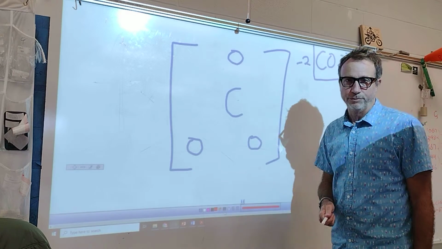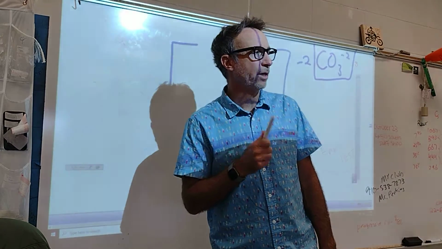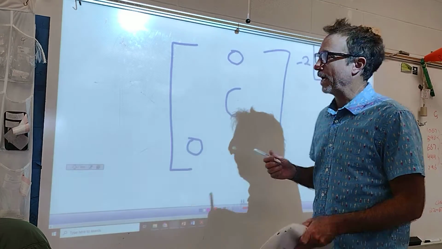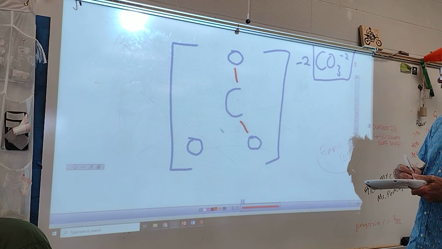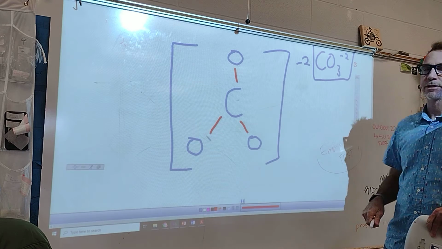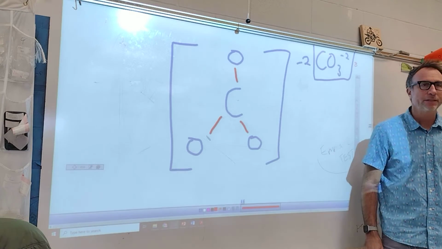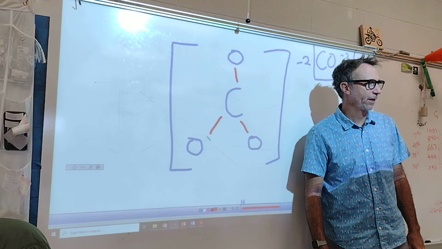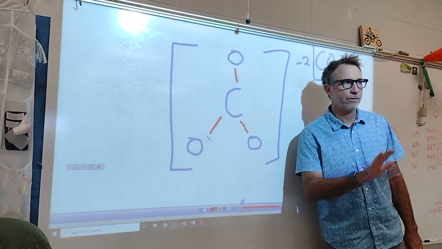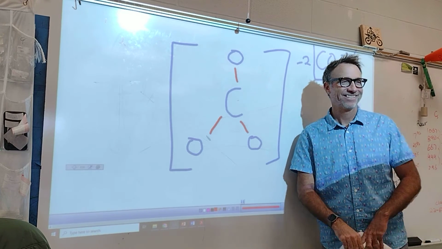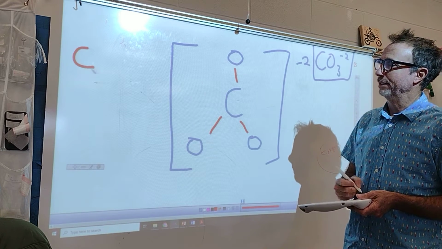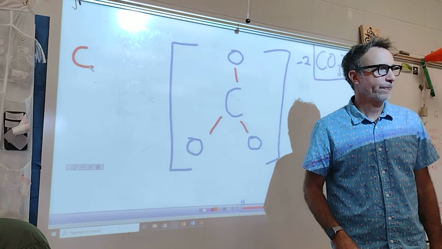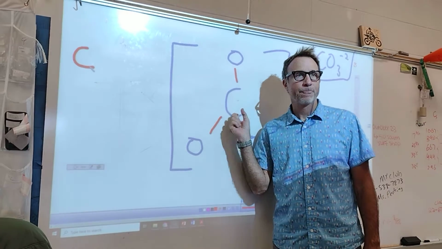Step number 2. Give everybody one line. And this is going to set us up for a really simple math exercise. Really simple. All right, look. Here's what we do. For carbon, right? We look at carbon.